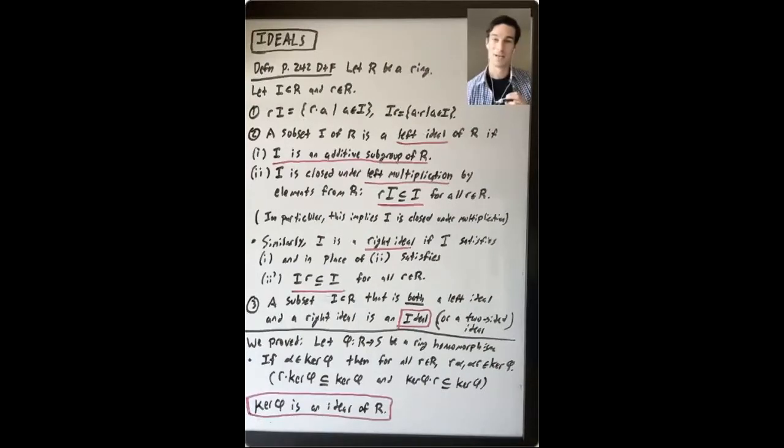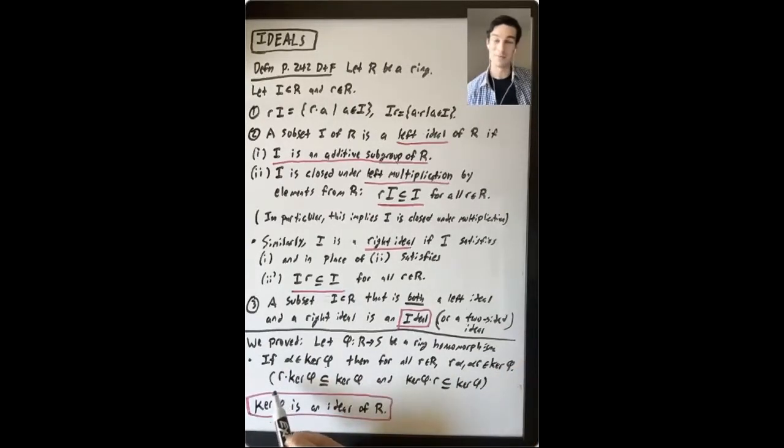Okay, so we'll give a lot more examples of ideals in the next few lectures, but here's one. Near the beginning of this lecture, we proved that if phi is a ring homomorphism from R to S, and you have alpha in the kernel of phi, then for all elements r in the ring R, r times alpha and alpha times r are back in the kernel of phi.